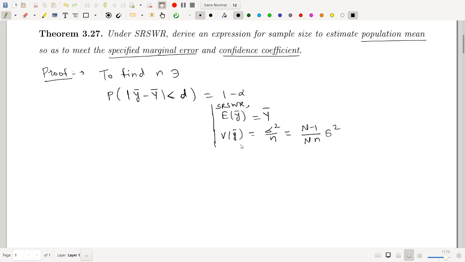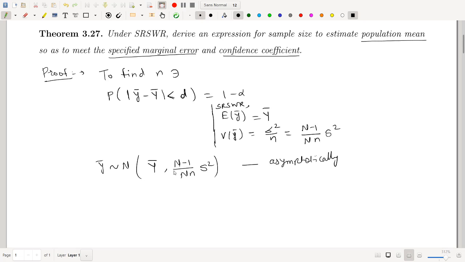So if the expected value of y bar is capital Y bar and the variance of y bar is this one, we can say y bar follows, asymptotically or approximately, a normal distribution with mean capital Y bar and variance this one.